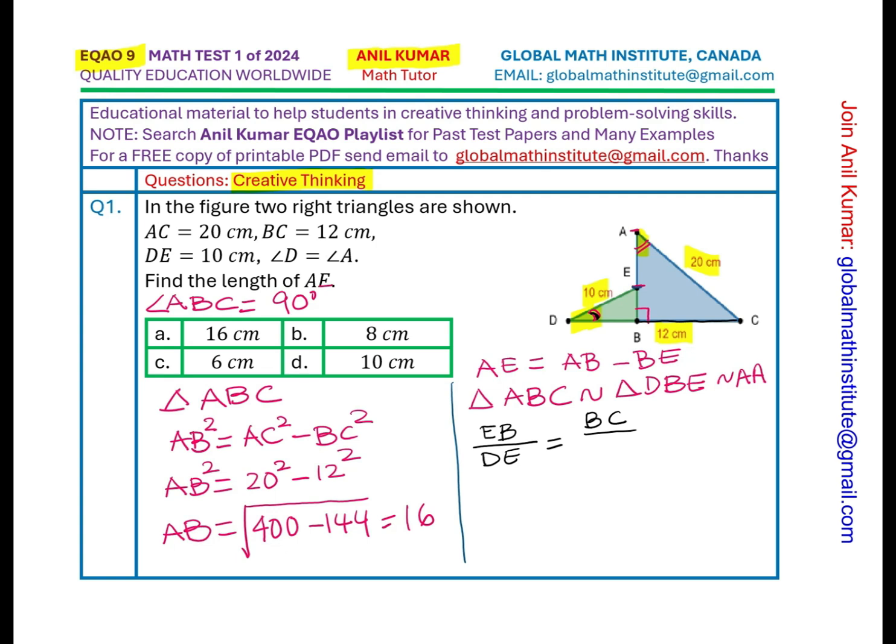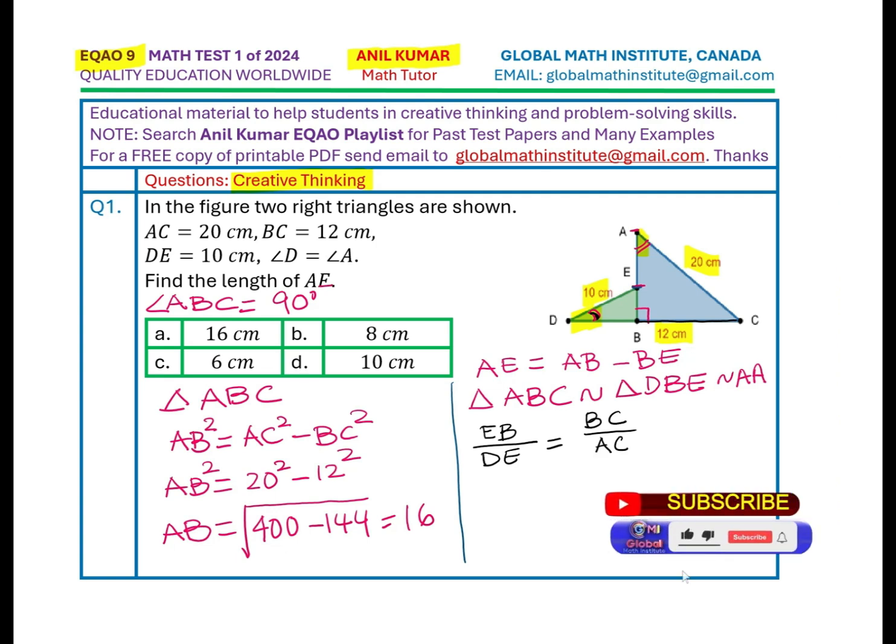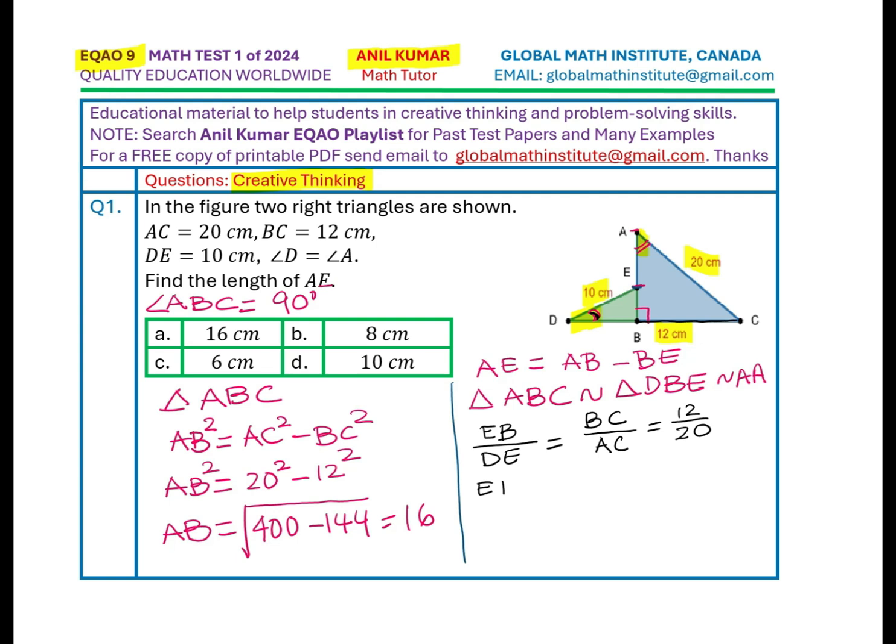Over the hypotenuse, which is A to C. So we know BC is 12, AC is 20. So we know EB is equal to 12 over 20 times DE, and DE is 10.